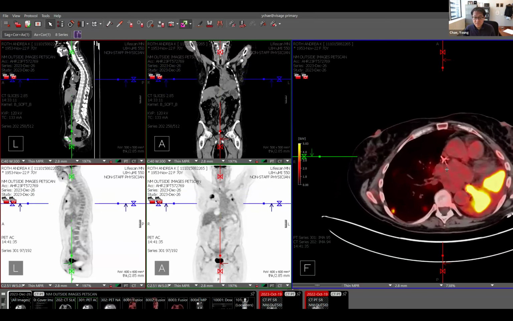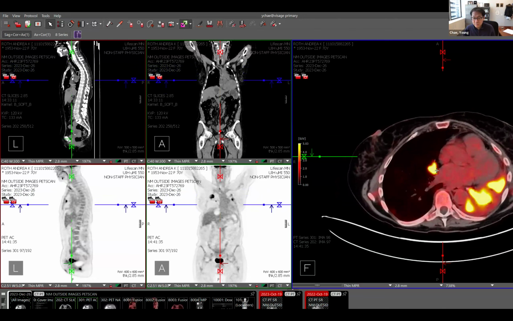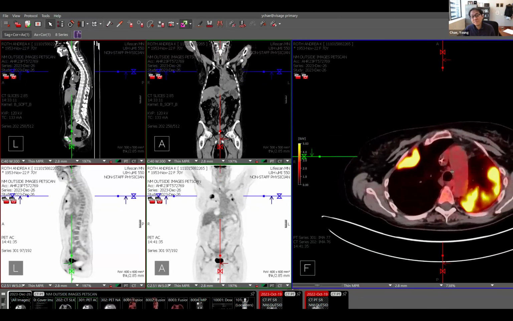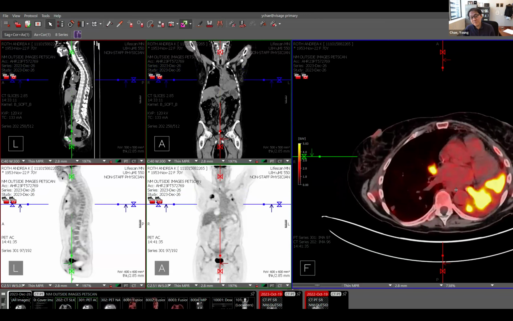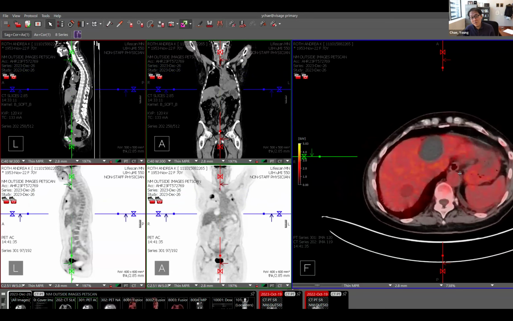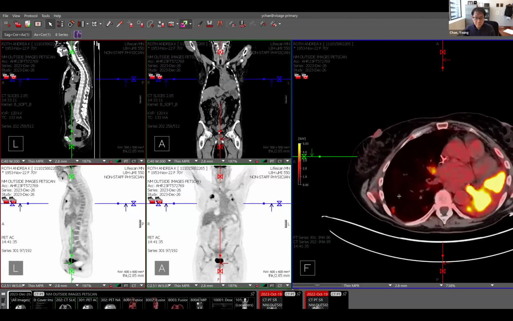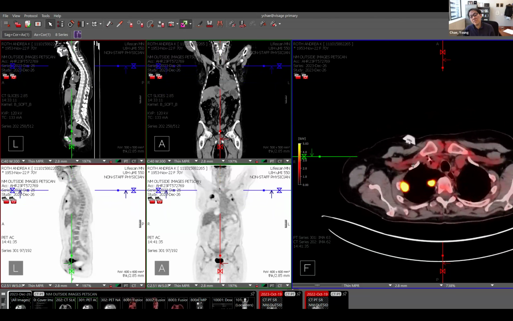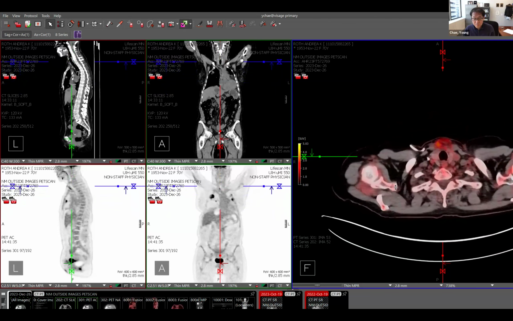And maybe these are invading lymph node. Maybe here. So it's N2, but the right pleural space, that was positive.